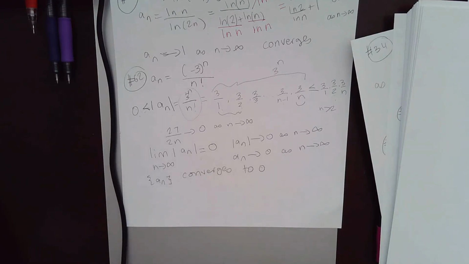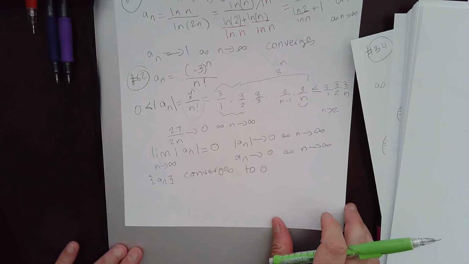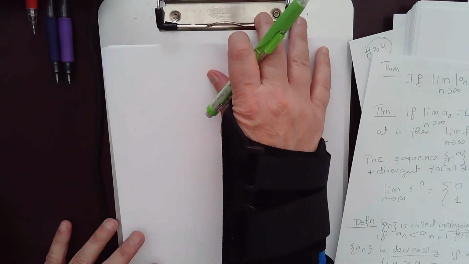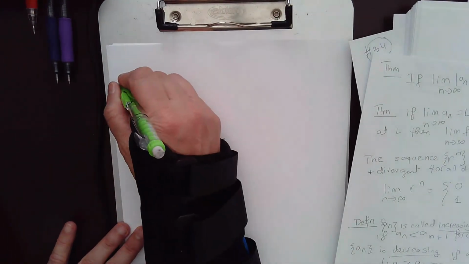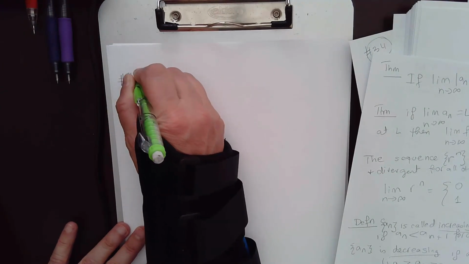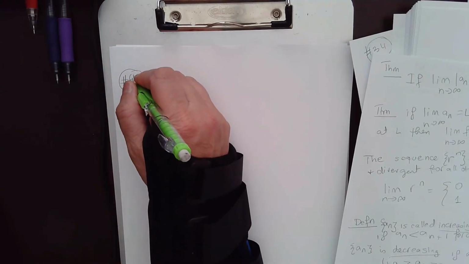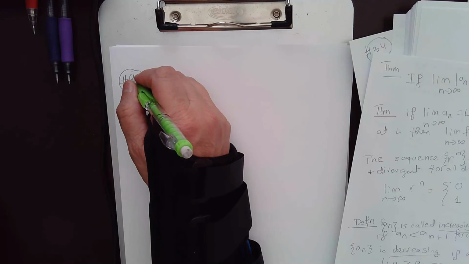Okay. If you need more time, please pause the video. I just want to give you a couple more problems from this section. Please read number 64 from the book. They say, use the graph of the sequence to decide whether the sequence is convergent or divergent. If the sequence is convergent, guess the value of the limit from the graph and then prove your guess.